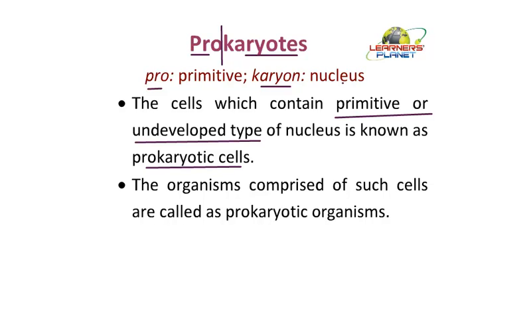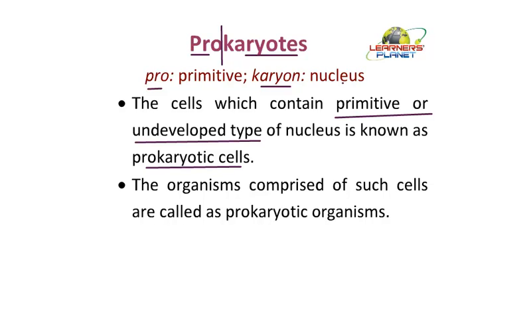Can you think of it now? What do we mean by a primitive type of nucleus? That should be a question which must come to your mind. Basically, this primitive or undeveloped type of nucleus means that it is present in a particular region. They do not have a membrane in their surrounding.